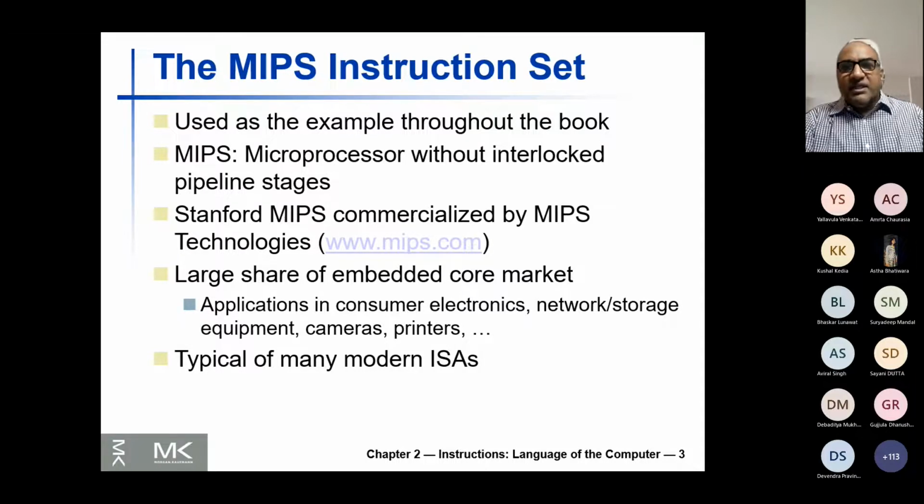RISC means the reduced instruction set computer, where the instruction set contains a very limited number of simple instructions. Another broad category is CISC, the complex instruction set computer, where the instruction set contains various instructions, which include complex instructions.